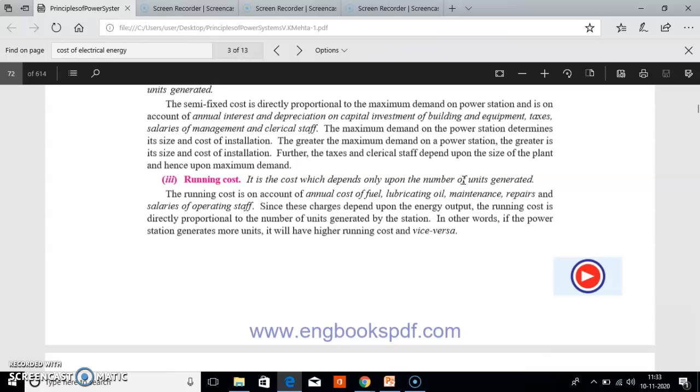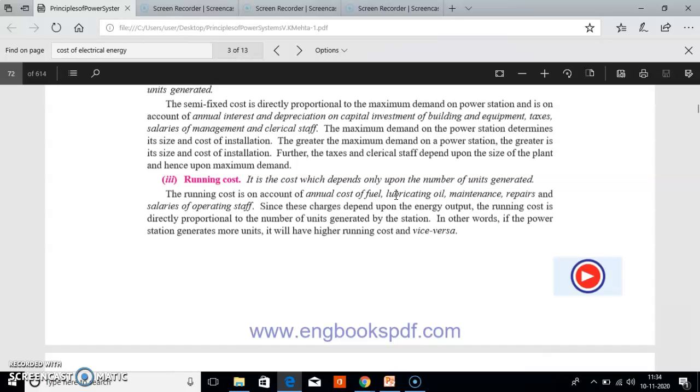The running cost is used for maintenance cost, lubricating oil cost, repair cost, and salaries of operating staff like lineman, overseer, etc., because the number of operating staff depends upon the energy generated.